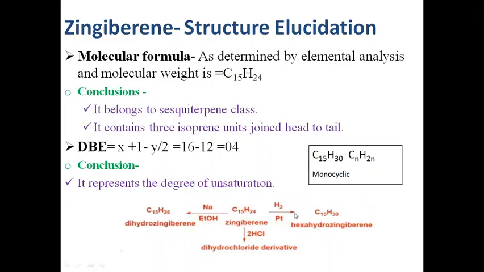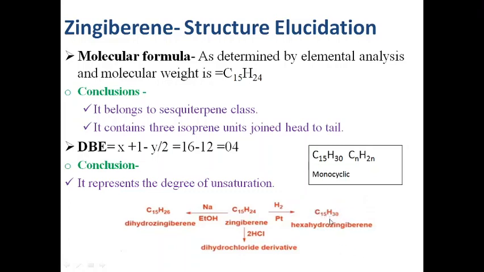From the difference in the formula, we can see that the difference is 6 hydrogen atoms, or in general 3 molecules of hydrogen are added to form a saturated compound. This saturated compound means 3 double bonds are present in gingiberine.